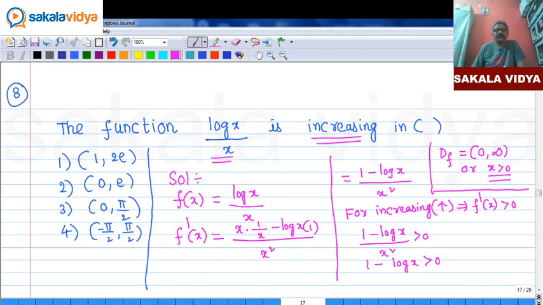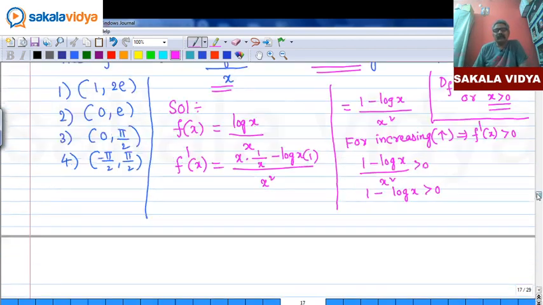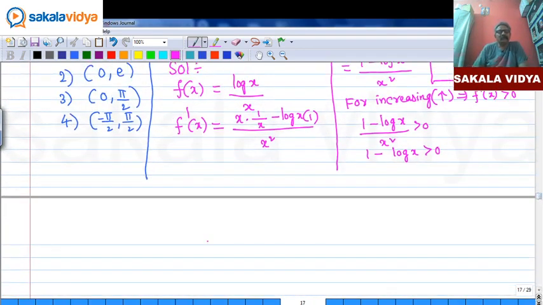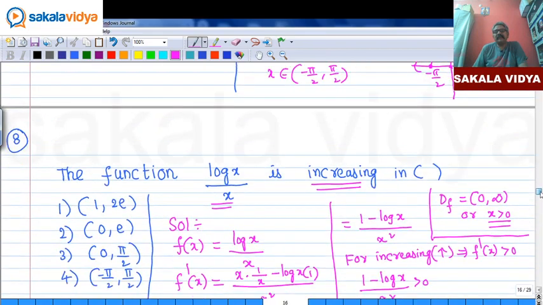Now, multiplying with a minus sign, you get log x minus 1 is less than 0. Log x is less than 1. That means log x is less than log e. So, you get x is less than e. But we need to check that x must be greater than 0, the domain.